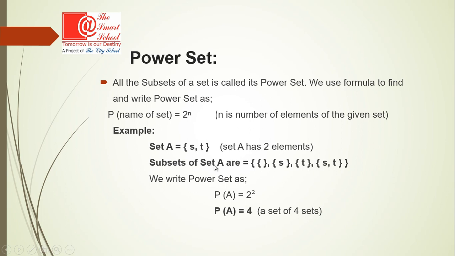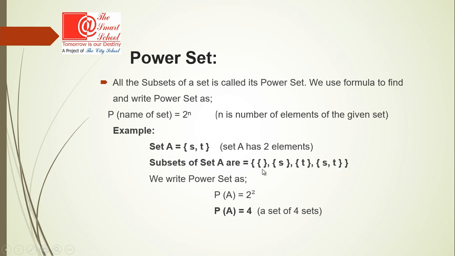So subsets of set A are, first is empty set, then next set has S as element in it, and this set has T as element in it, and the last one has S and T both as element in it.